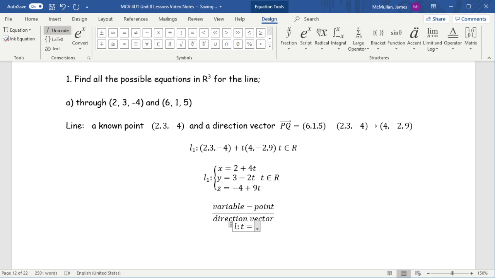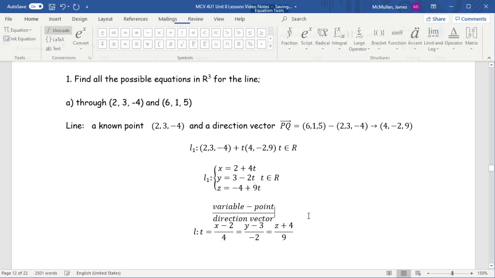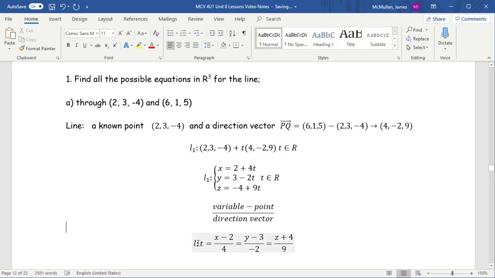Okay, then I go (x minus 2) over 4, which is equal to (y minus 3) over -2, which is equal to (z plus 4) over 9. Okay, and any point that works on either of the other two should work in this one.